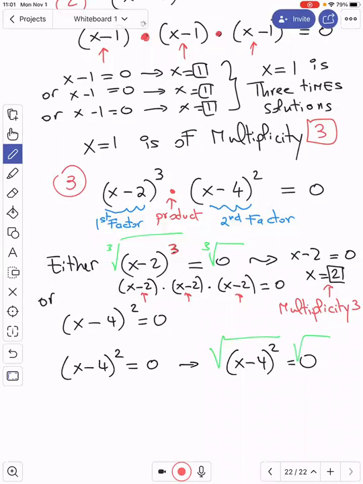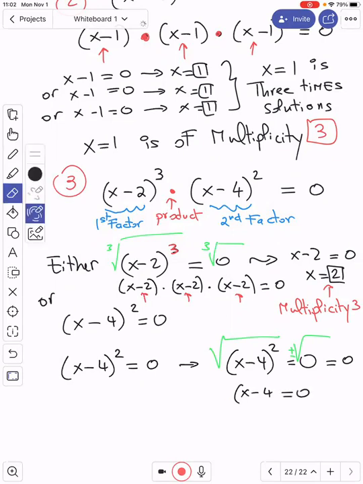Of course, here you're supposed to have plus or minus, but because it's 0, plus or minus 0 is just 0. The square and square root cancel out, so it's just x minus 4 equal to 0.